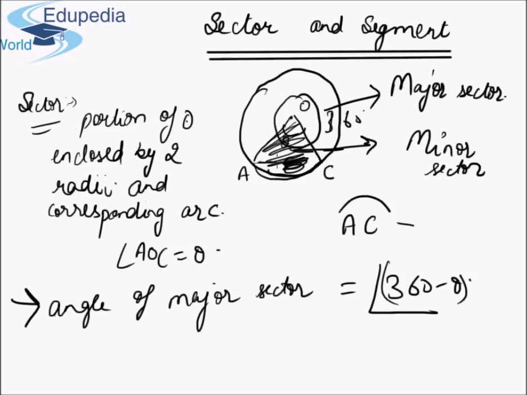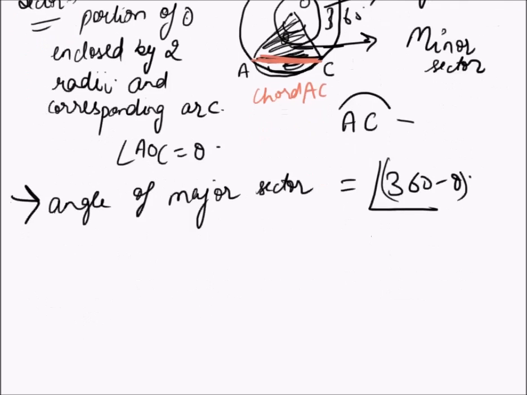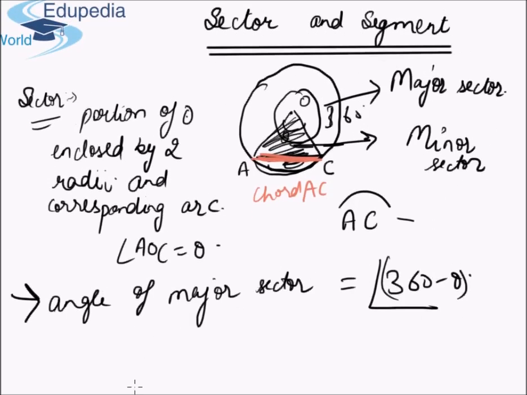Now if we join these two points A and C, we get a chord AC. If we have the circle, then this chord will be separating the two parts of the circle.